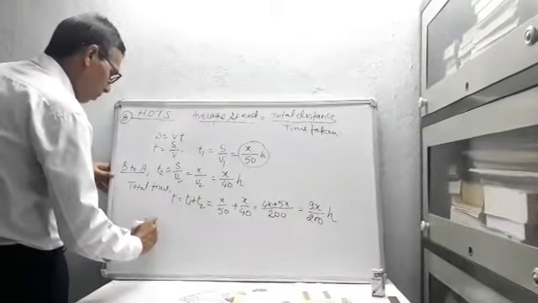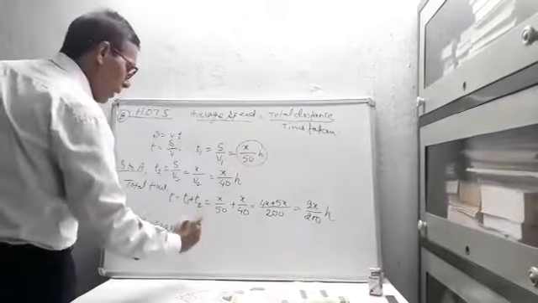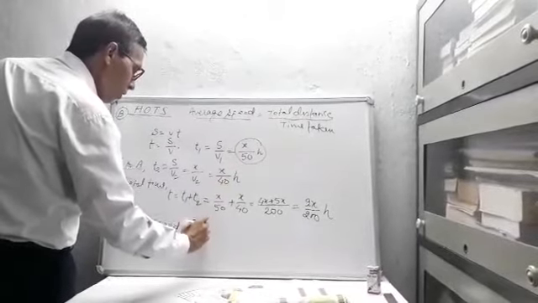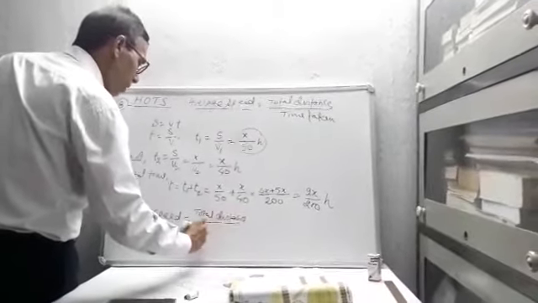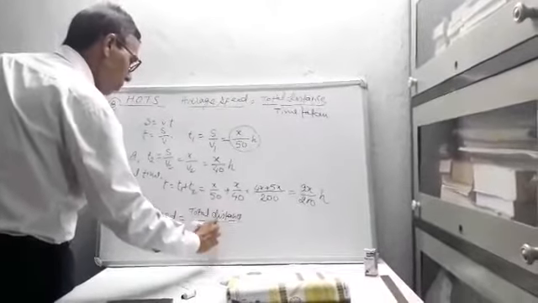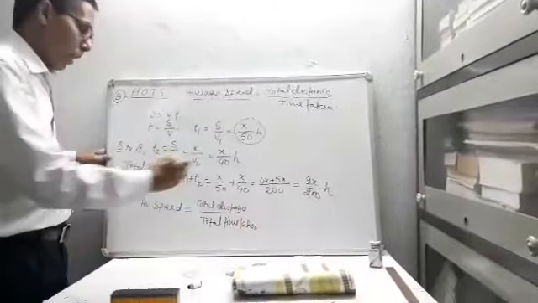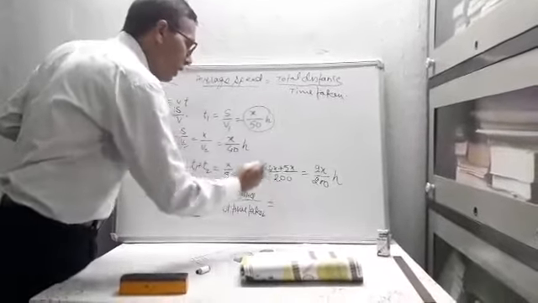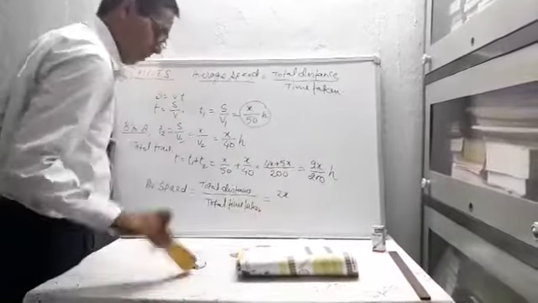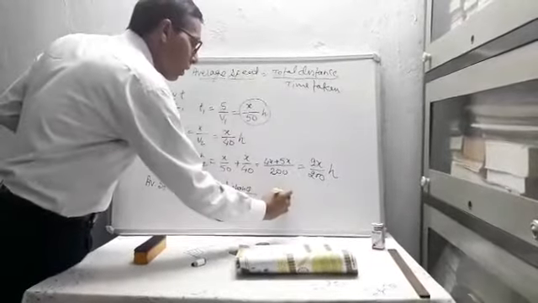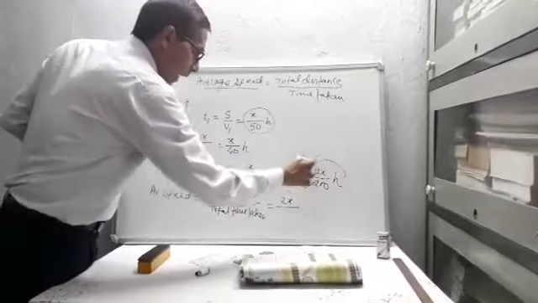So average speed is equal to total distance by total time taken, which is 2x divided by total time 9x by 200.